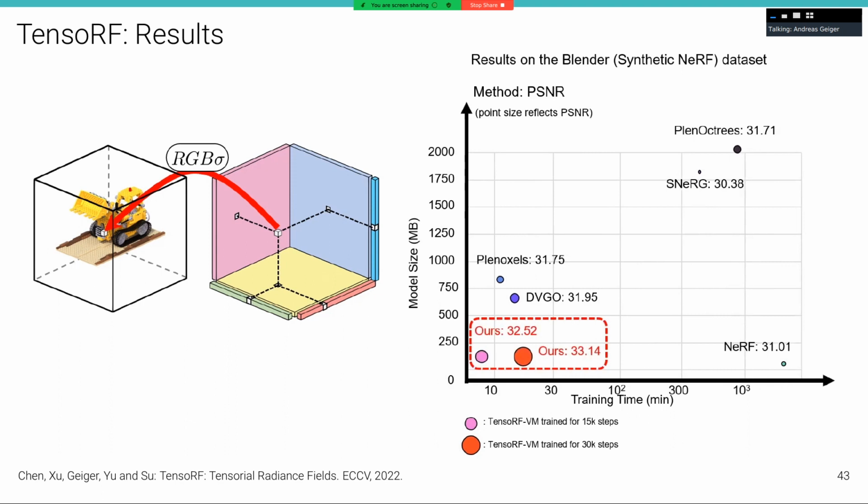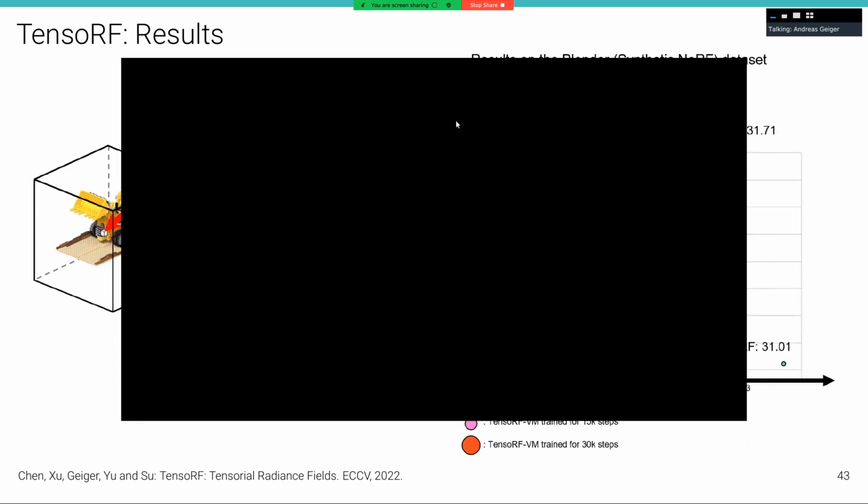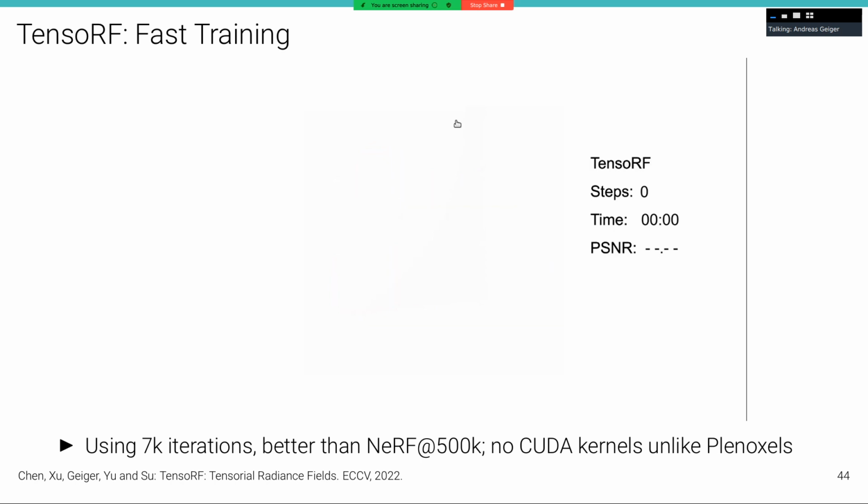Using our model, when plotting the 3 dimensions training time, model size, and quality, which is the size of this little circle here, we observe that our model runs comparably fast while achieving still good results at a small and compact model size. So here are some results.